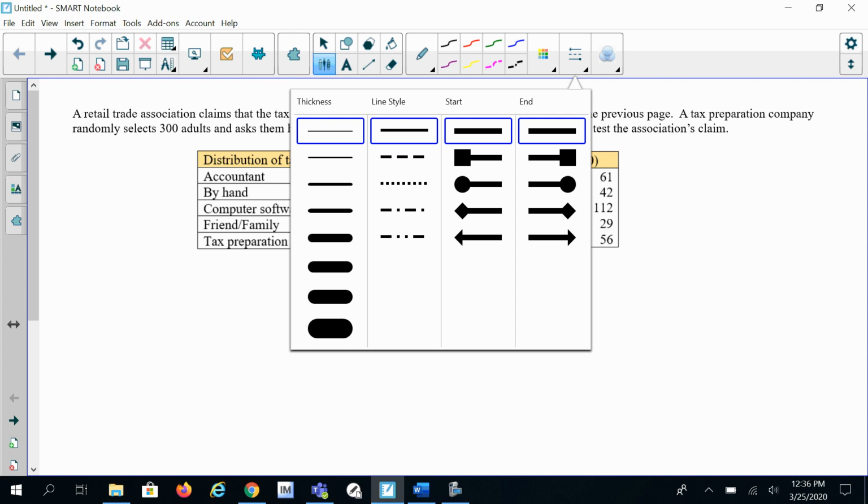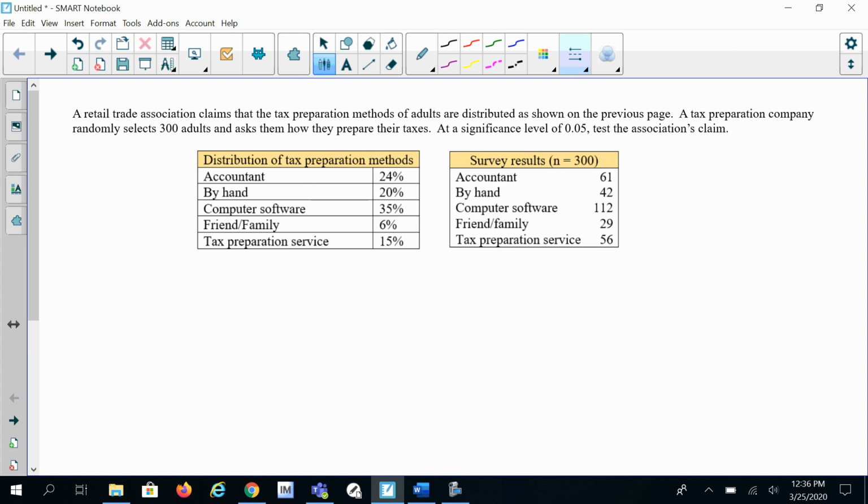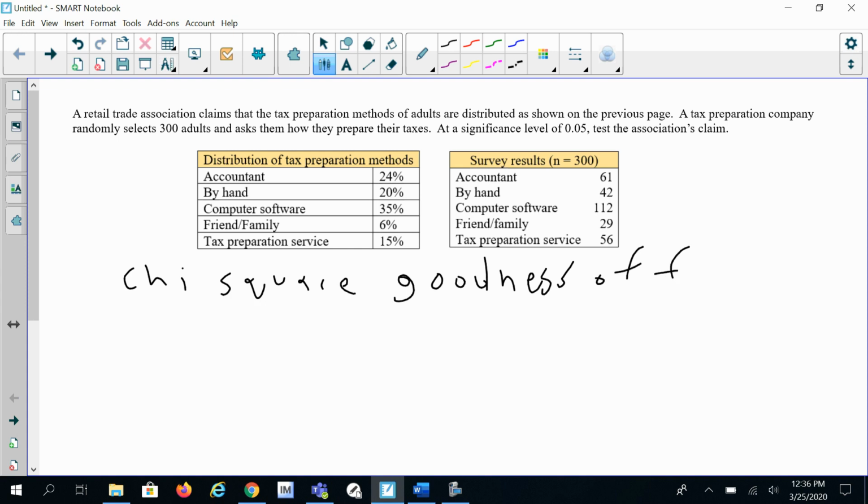So what this is going to be requiring us to do is a chi-square goodness of fit test. I am writing with a stylus, so I apologize. It is a very weird name. Grammatically, it's not correct.